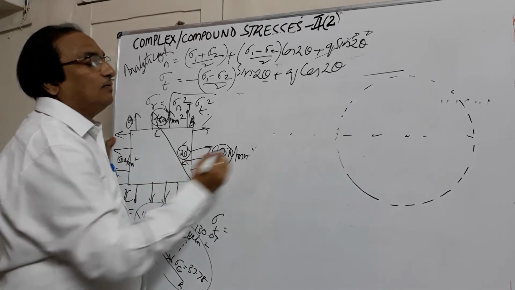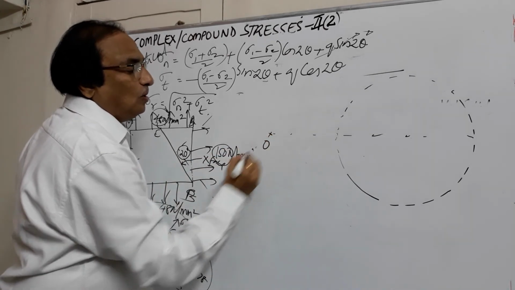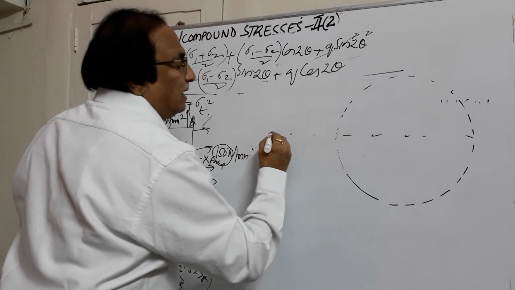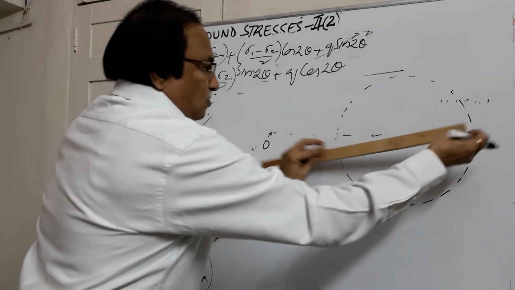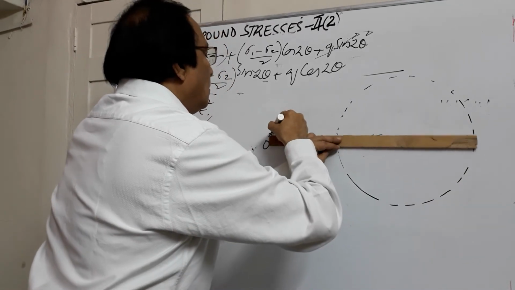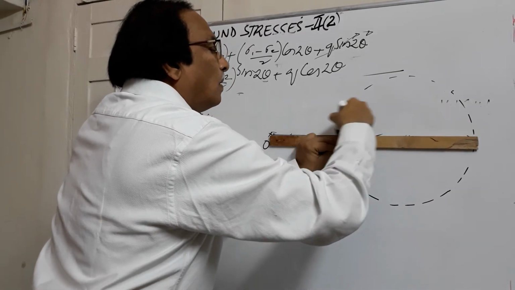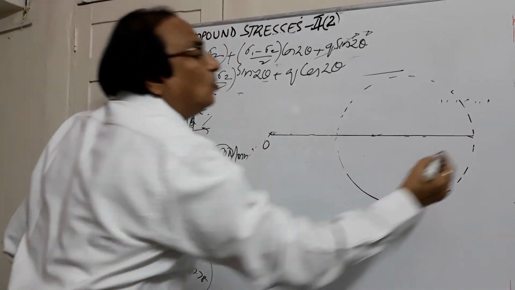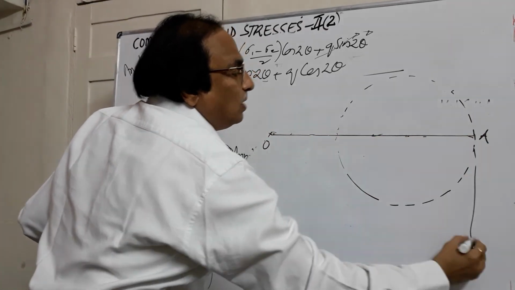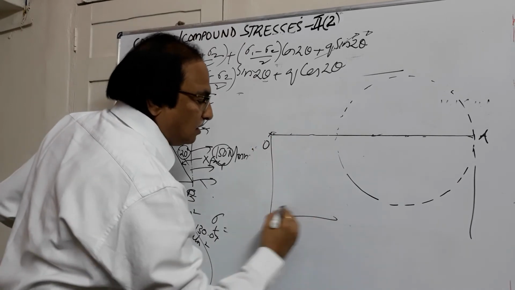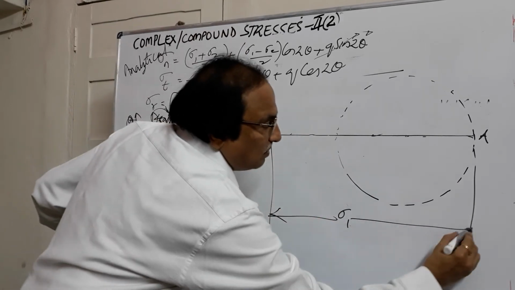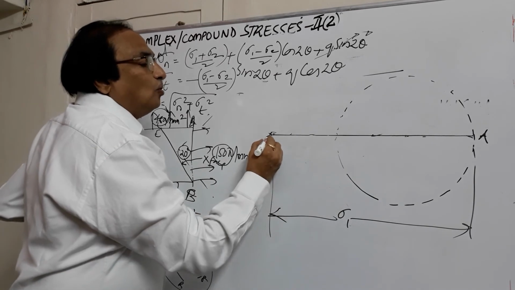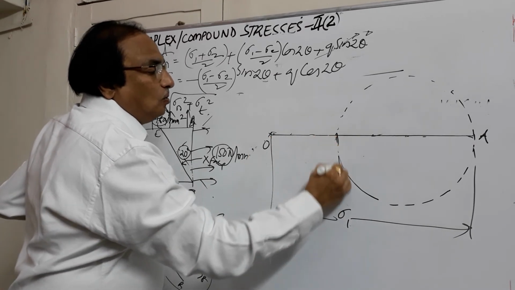Now you know sigma 1. Let us consider a point O as origin, take some suitable scale and draw a line. If I call this line OA, OA will represent the normal stress sigma 1, and from O only draw a line OB.